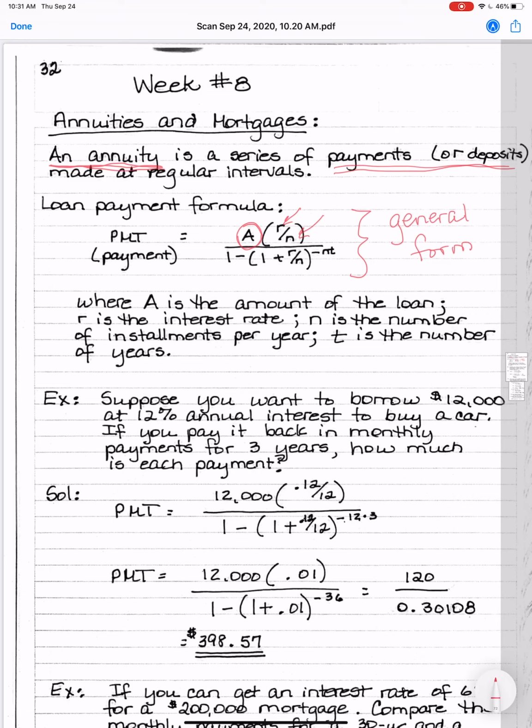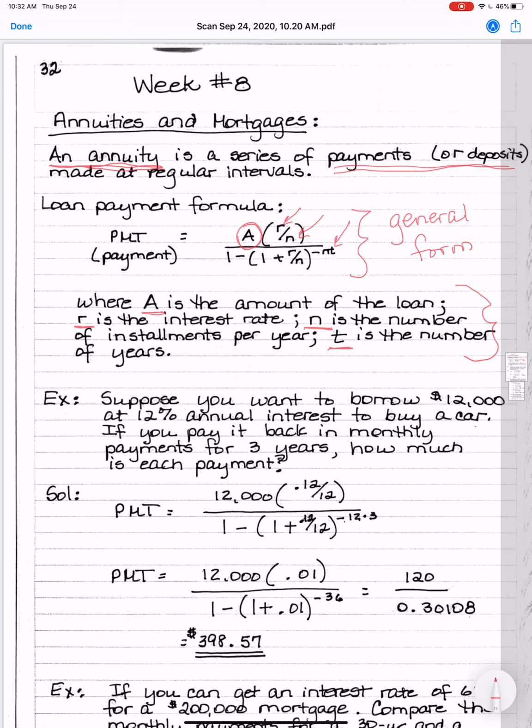A times the rate over number of periods divided by 1 minus 1 plus the rate over the number of periods raised to the NT. And remember, N is the number of periods per compounding period and T is the number of years. And I've given you those definitions of what all those letters are right here. A is the amount of the loan, R is the interest rate, N is the number of installment payments per year, and T is the number of years.